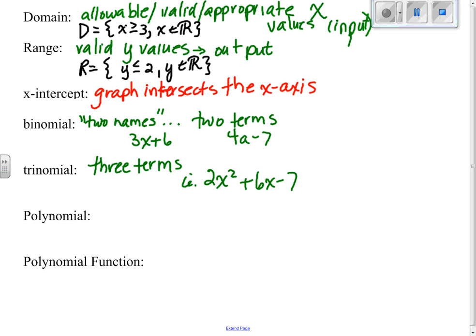We're going to be working with polynomial functions. And a polynomial is many names or many terms.